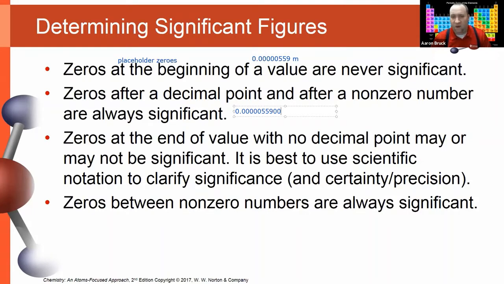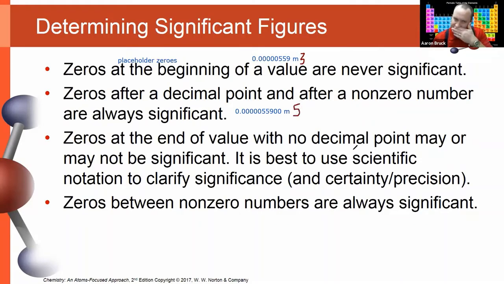If at the end of that I had a couple of zeros, that would be significant. This is showing additional precision of the instrument compared to this one. So kind of the same thing that we saw in the previous slide. In this example, I had 3 significant figures. In this one, I have 5.